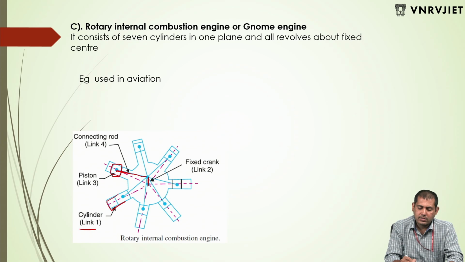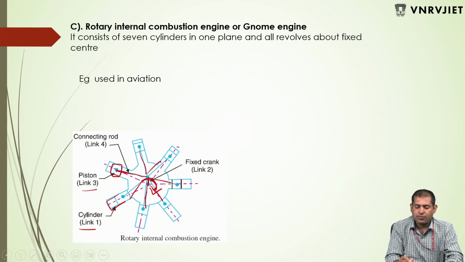When this crank is in rotational motion, it is connected to n number of connecting rods, like 7. Each has a piston, and each piston is oscillating in its cylinder. So with one rotation, all the pistons are moving simultaneously.